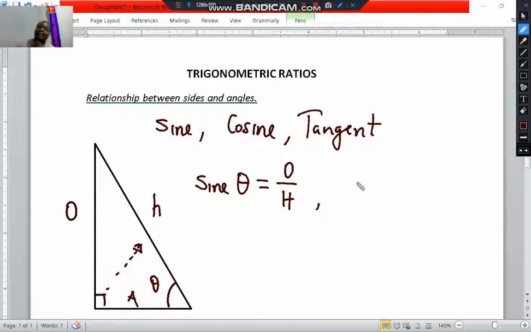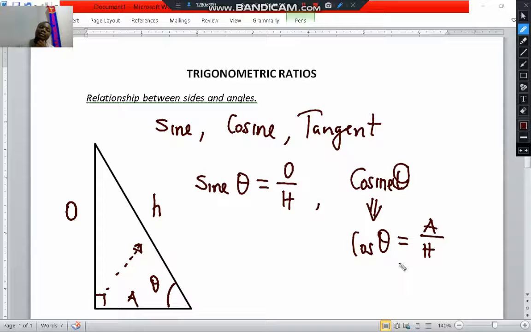Then cosine, okay, cosine theta, shortly written as cos theta, is always equal to the adjacent divided by the hypotenuse. So you get the trigonometric ratio called cos theta when you divide the length of the adjacent by the hypotenuse.